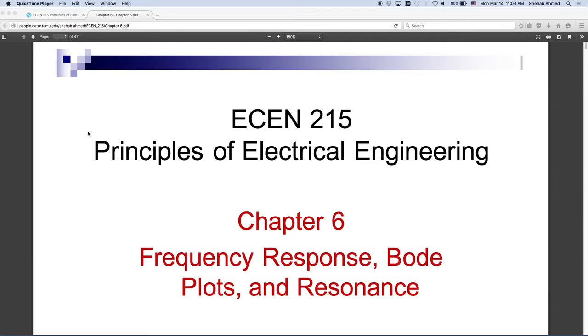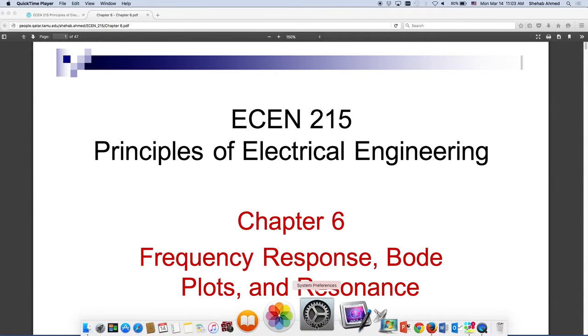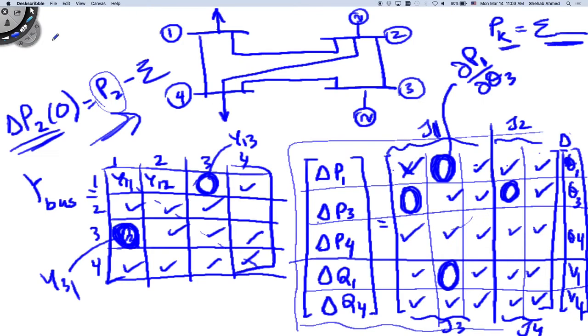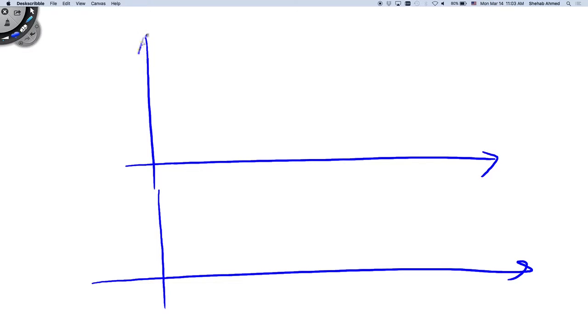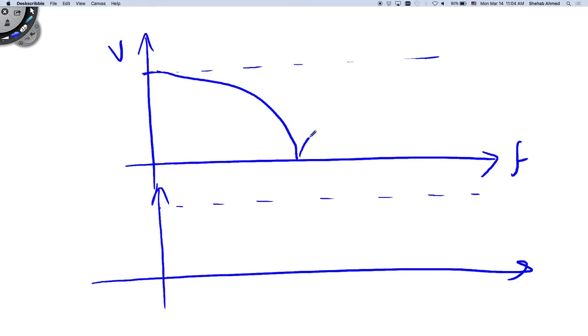when you plot output voltage magnitude versus frequency on a linear scale, the output voltage versus frequency may look something like this, versus on a logarithmic scale for frequency.